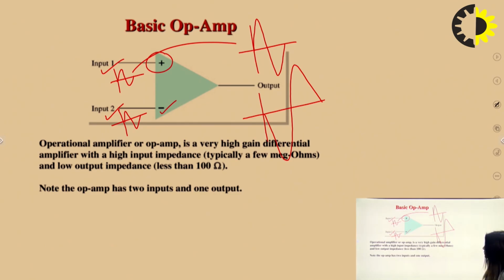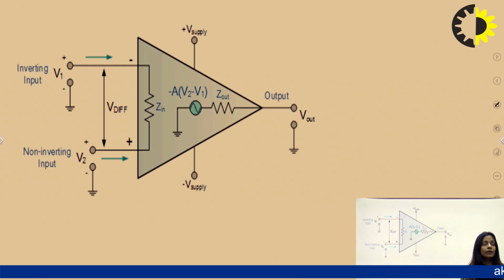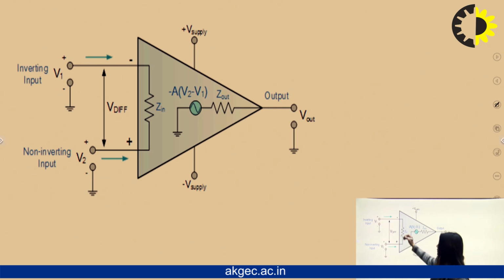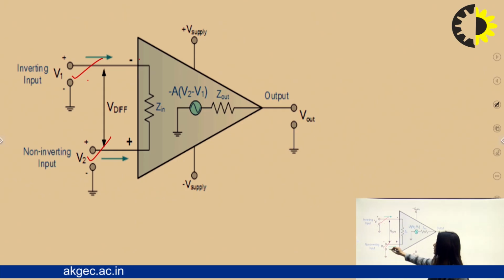So the Opamp has two inputs and one output, as we have already seen. If I talk of the equivalent circuit of the Opamp, it has been shown in the figure. The V1 is given at the inverting terminal, the V2 voltage is given at the non-inverting terminal.